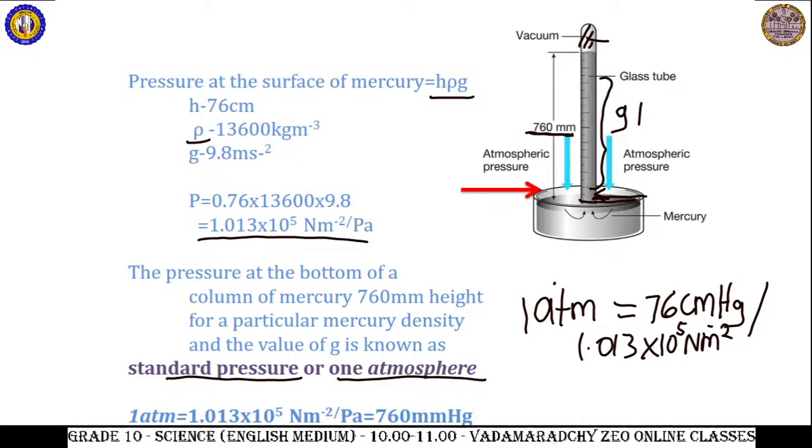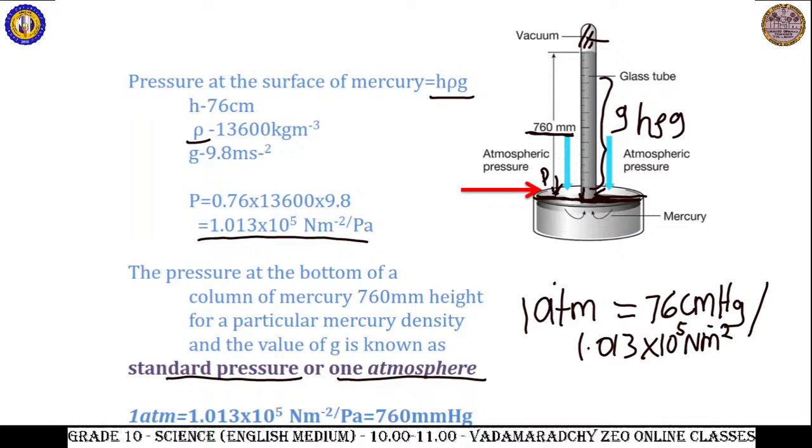We already studied that the pressure at the same level of a liquid is the same. At this point only the atmospheric pressure is applied, and at this point only the pressure due to the mercury column. Both are at the same level. So the pressure generated by the mercury column is equal to the atmospheric pressure. Is that clear?